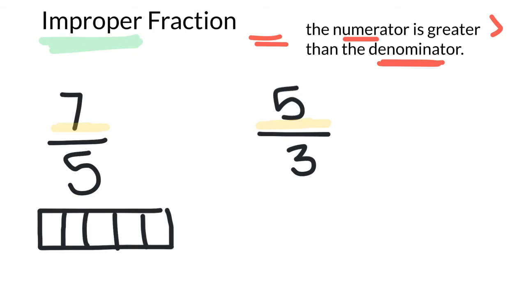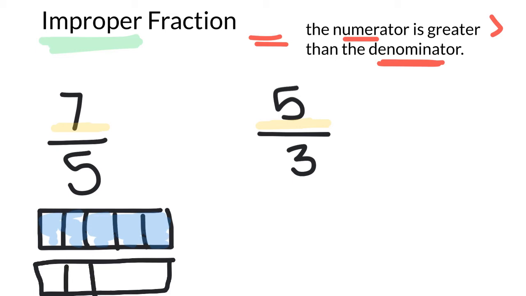So let's see how many I can do so far. 1, 2, 3, 4, 5. So far I only have 5/5, but I need 7/5, so I need to draw another bar. Here's my second bar, also divided into fifths. I already colored in 5 of the fifths, so 5, 6, 7. That's a picture of what 7/5 looks like.